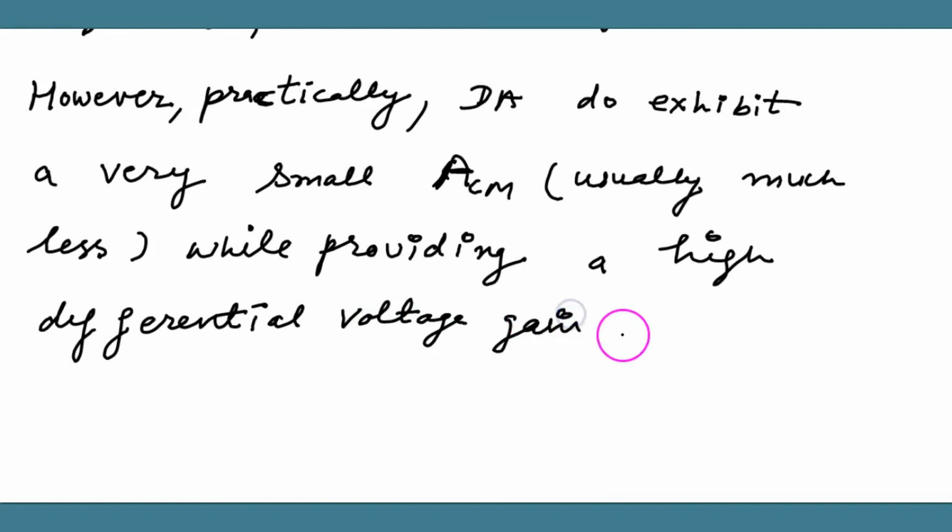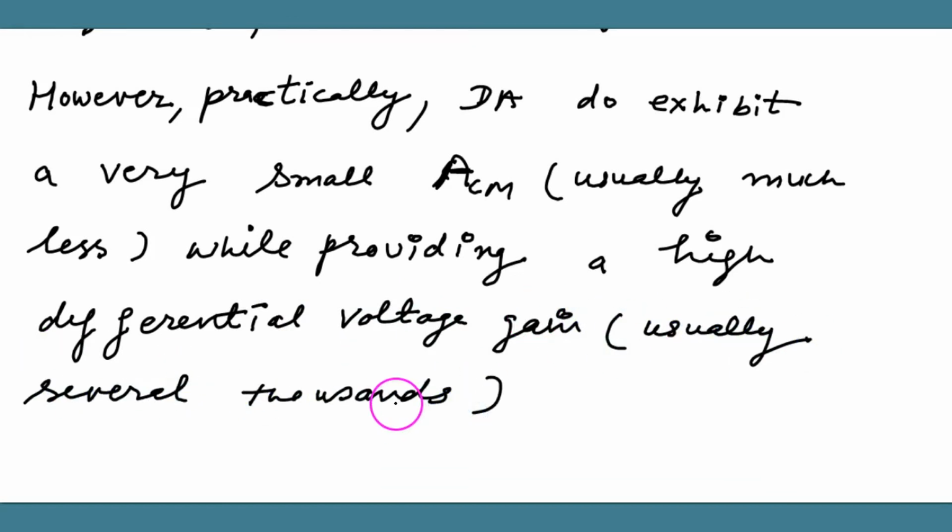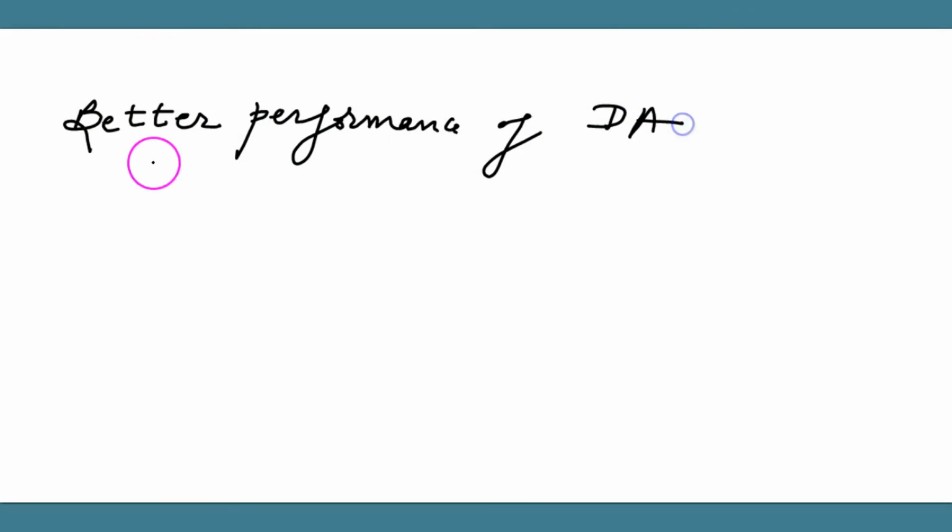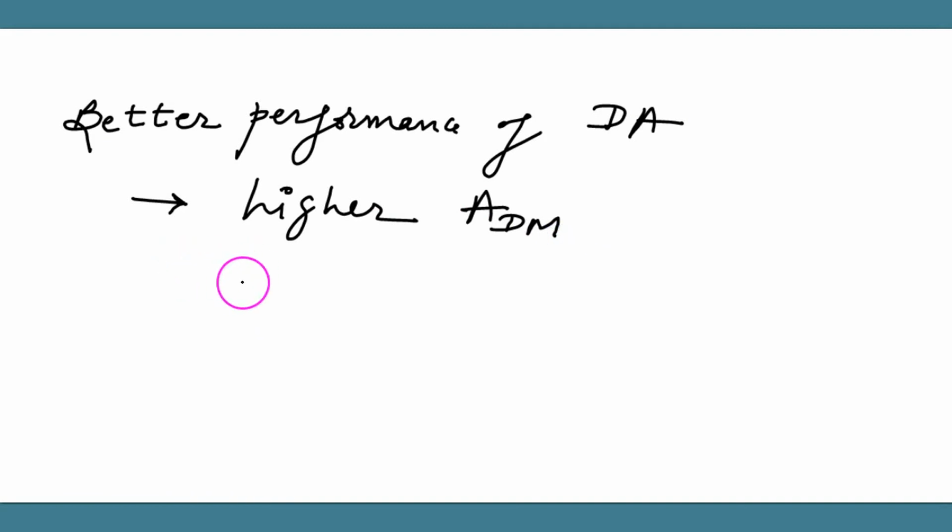That's the practical behavior. In ideal behavior, the common mode gain should be 0, but practically there is a small common mode gain. The better performance of the differential amplifier is that there should be very high differential mode gain and very small common mode gain.